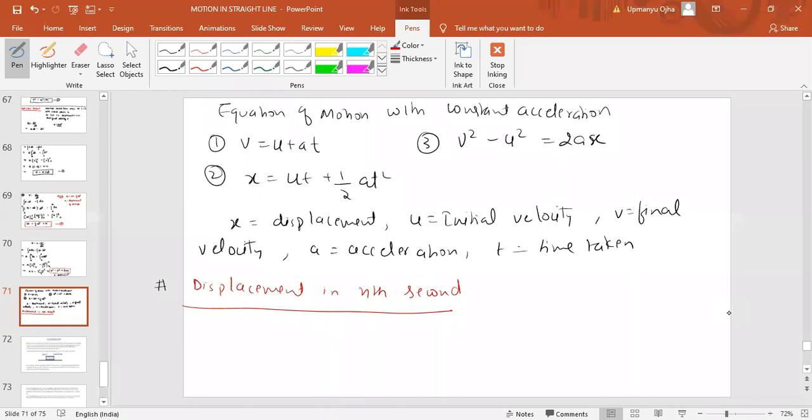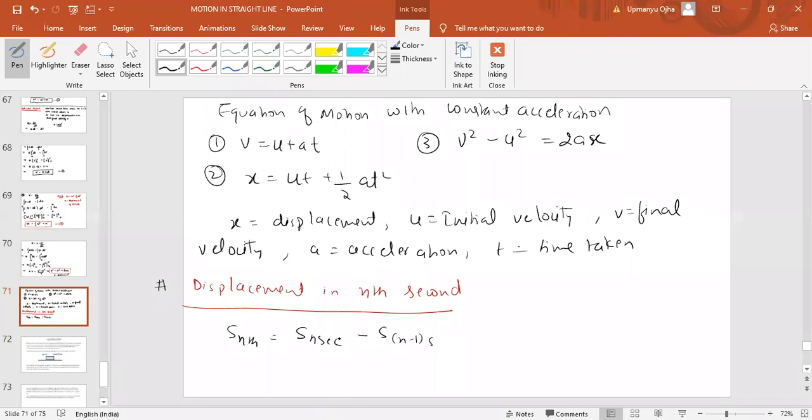Yes, all the three equations are for uniform acceleration. So displacement in the nth second. Now just tell me one thing. The displacement in the nth second, say Sn, we can assume Sn as the displacement here. Sn will be equal to what? Displacement in n seconds minus displacement in n minus 1 seconds.